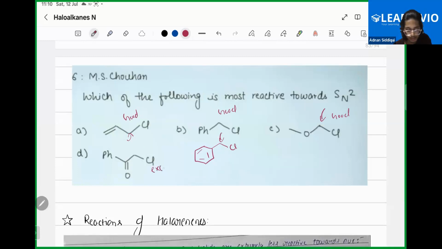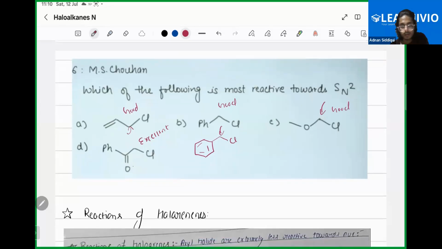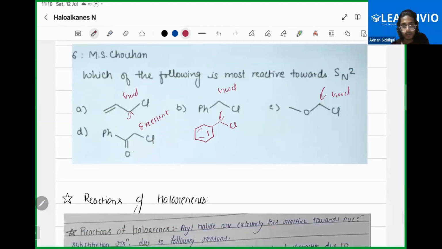Whenever you have something like this, alpha carbonyl compounds, then you will have the best SN2 reaction. So this is excellent. Okay, let me see if I missed something or not. So this is it.